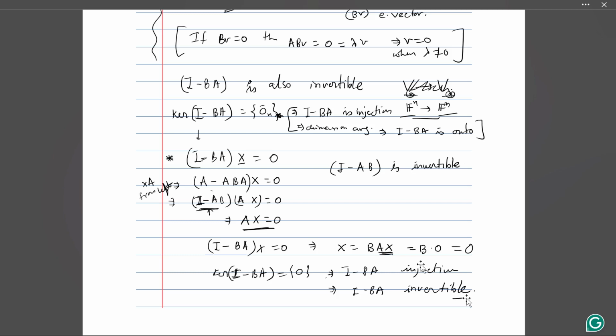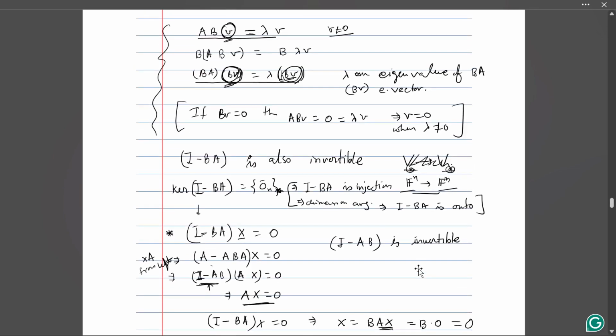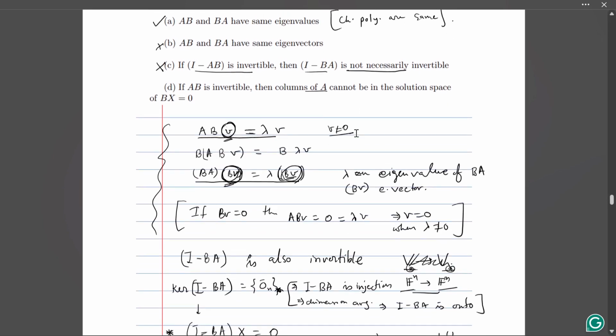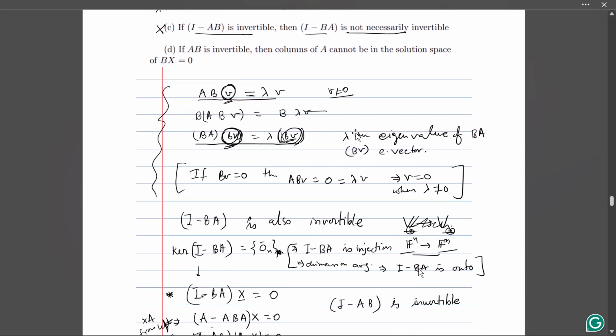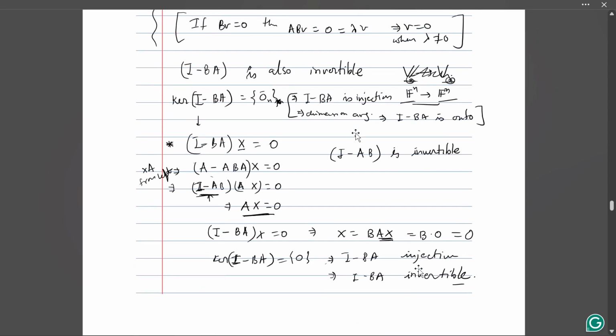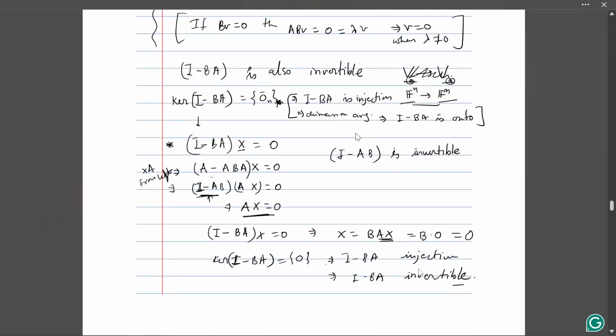Okay. Because here it was not necessarily invertible, this failed. I assumed this and proved this is also invertible. So this is a little bit tricky.